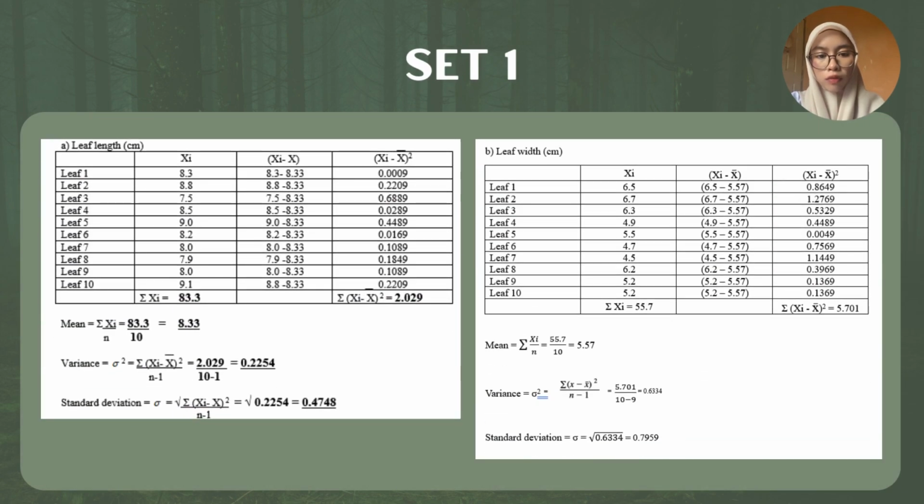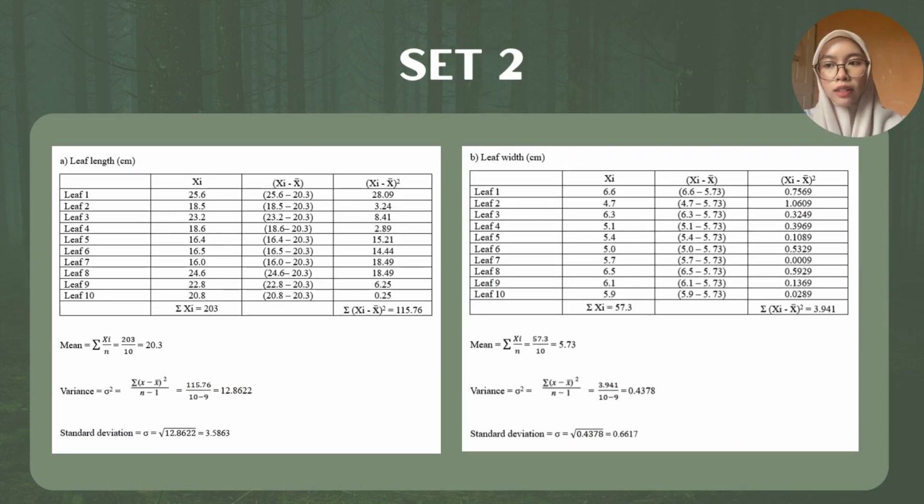Set 1, mean for leaf length is 8.33, variance 0.2254, and standard deviation 0.4748. For the leaf width, mean 5.57, variance 0.6334, and standard deviation 0.7959. Set 2, mean of leaf length is 20.3, variance 12.8622, standard deviation 3.5863.